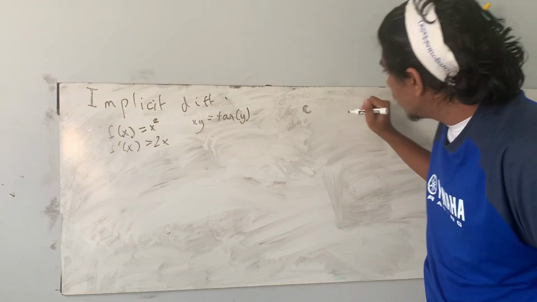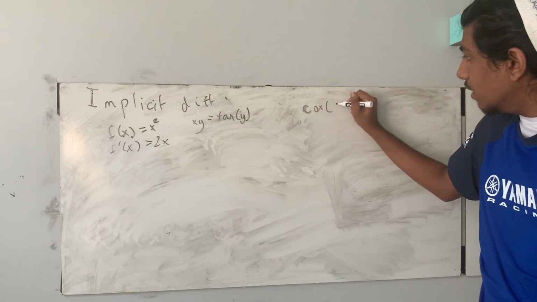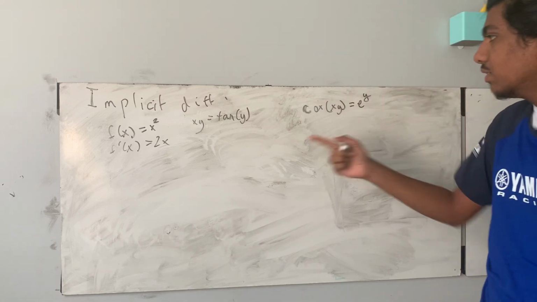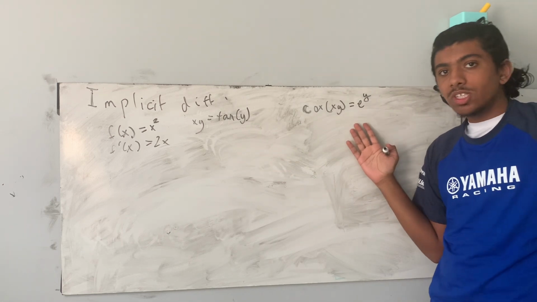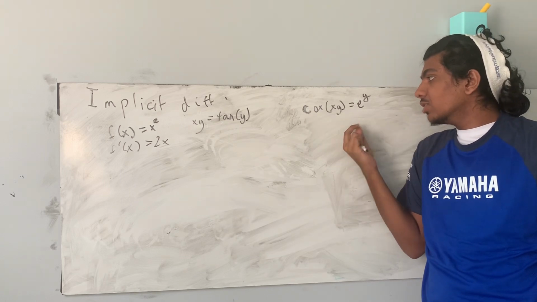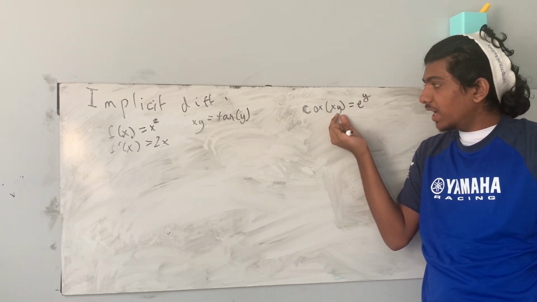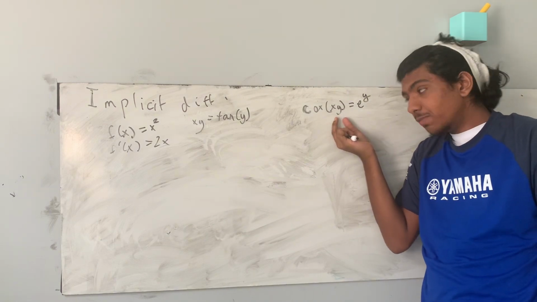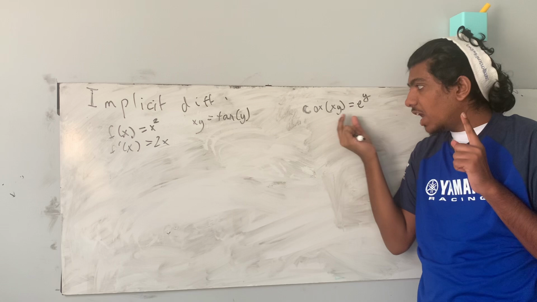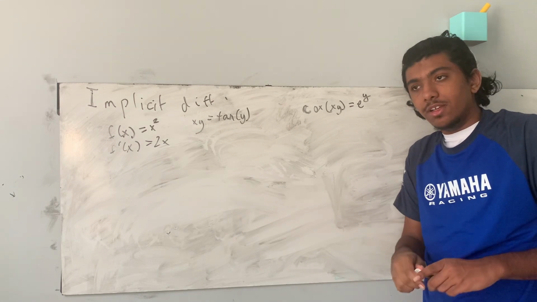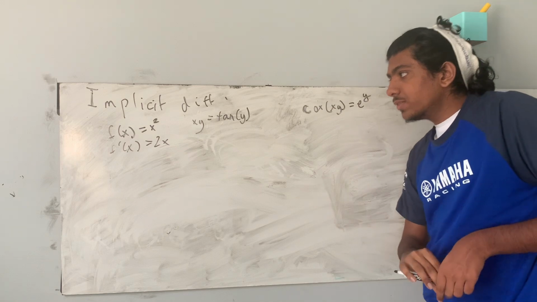In fact, tangent of xy equals e to the y. This is a constraint. What I'm asking you is, what is the rate of change of y with respect to x? In other words, if I increase x by one value, how much does y change by for any given x and y? That's what the question is.